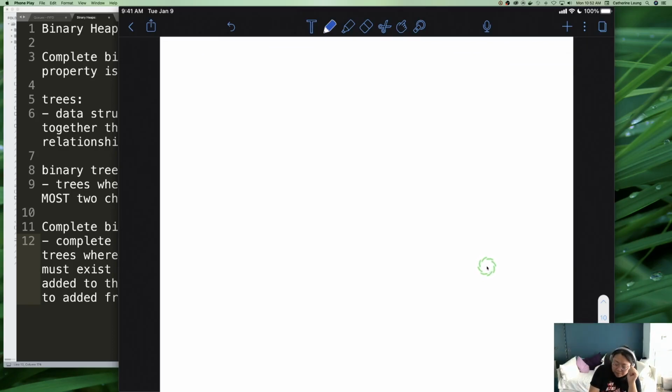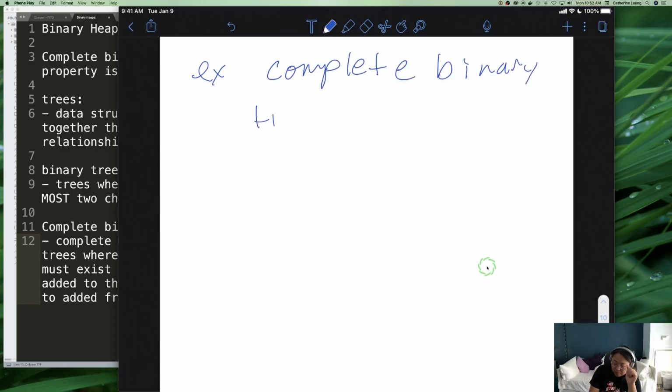So for example, draw a complete binary tree with 9 nodes. There's only one answer to this. So pause the video here and draw this picture. Draw a complete binary tree with 9 nodes. Pause now.